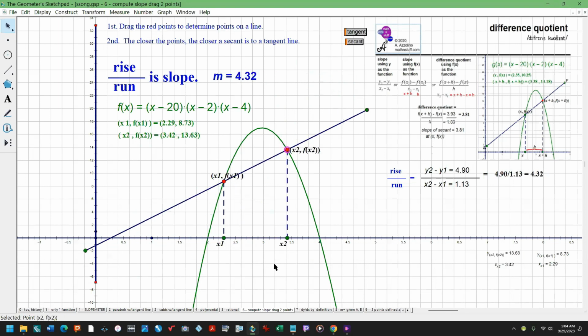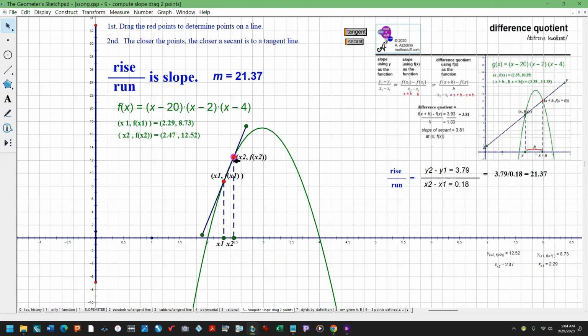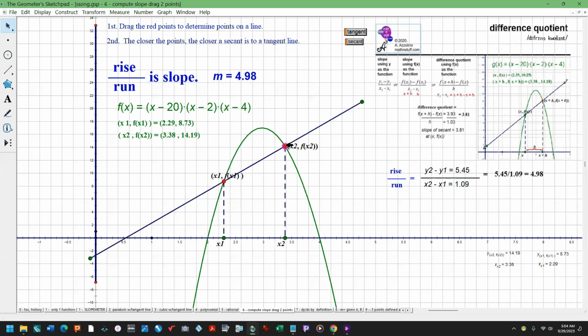So what you have going on is the difference quotient is the slope of the secant, the rise over the run. As h goes to 0, the slope of the secant goes to the slope of the tangent.